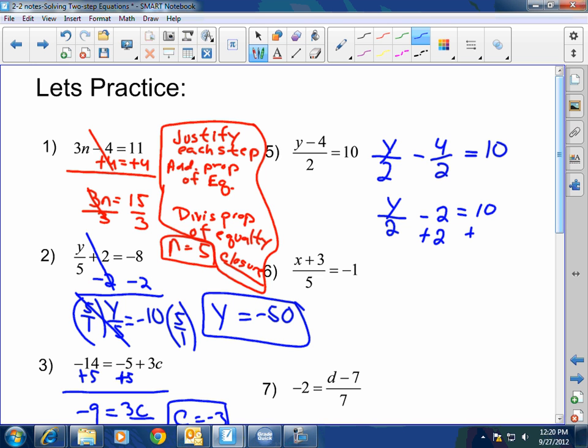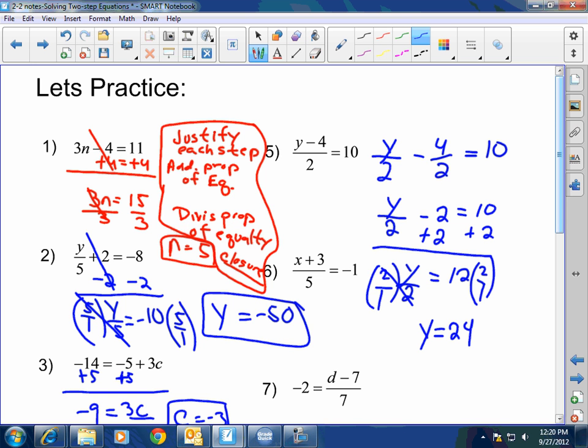Add 2 to both sides. y/2 equals 12. Multiply by the reciprocal. y equals 24. So that makes sense because this 2 is distributed to the y and to the 4.